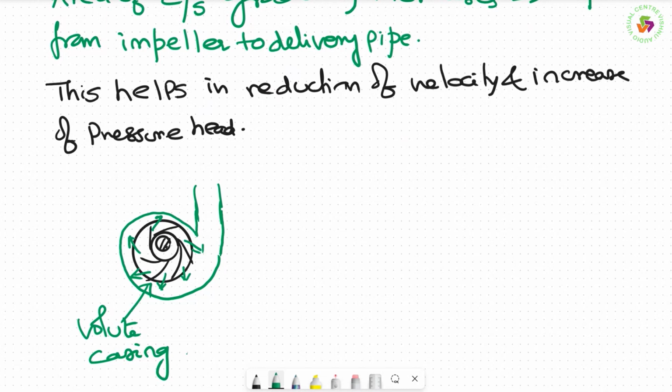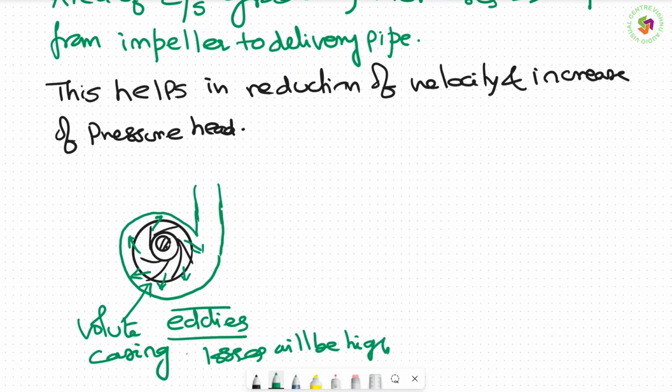Because of the cross currents, eddies will be more, and so energy losses will be high. That is the only drawback. Otherwise, it is a really simple casing in which the energy conversion takes place, but some of the energy is lost in overcoming these eddies.